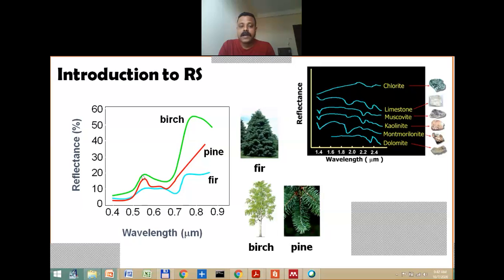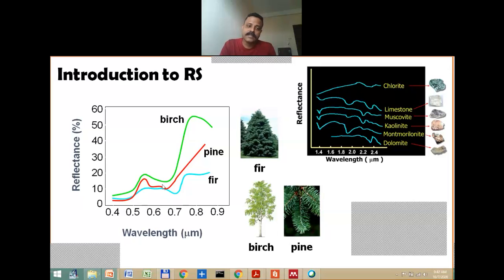So that is why most leaves you see in green color. Then as you further increase the wavelength, the reflectance drops, which means there is no dominant wavelength there. Whatever the dominant wavelength is, you see the color in that range.